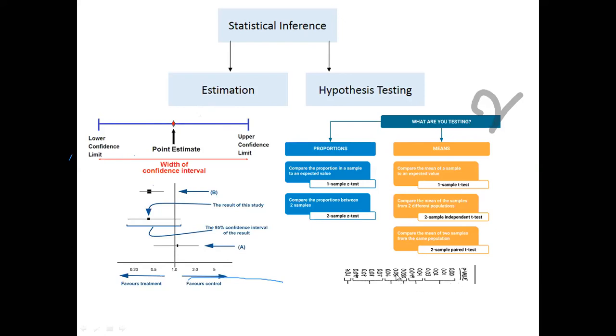If the p-value is less than 0.05, we tend to call it statistically significant, and we also have different intervals of p-values to label them accordingly, right? So the result that comes from hypothesis testing is a p-value, and when you do an estimation, what we get is a confidence interval.